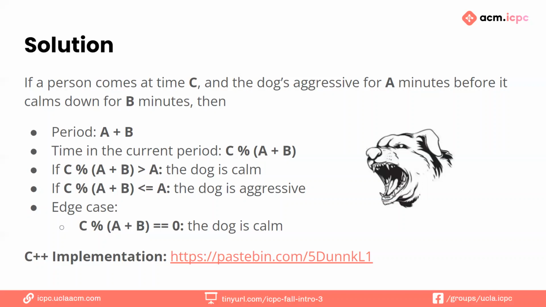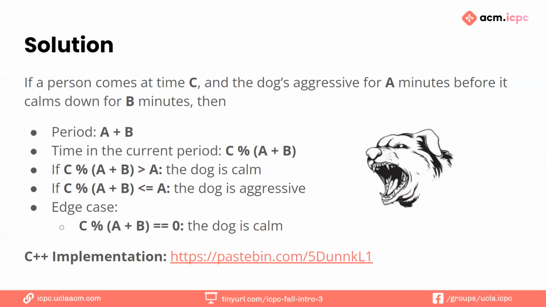And finally, we can just solve the problem using an easy conditional statement. If C mod (A plus B) is greater than A, meaning that we are already past the period of time where the dog is aggressive, then we know the dog is calm.